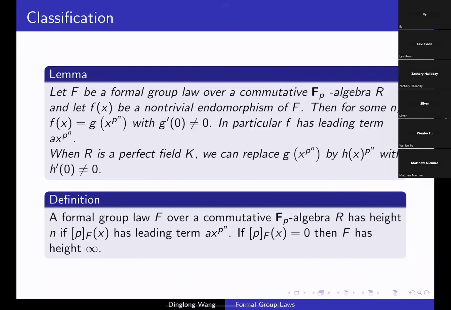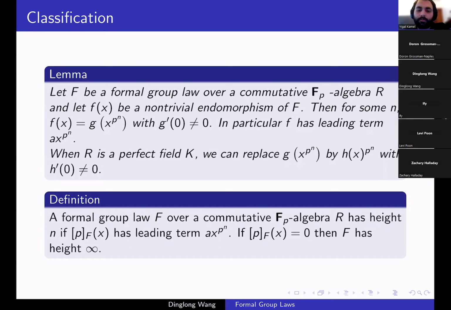And here, now I want to classify the formal group laws over a commutative F_p algebra. So let F be a formal group law over a commutative F_p algebra. Then let f(x) be a non-trivial endomorphism of F. Then for some n, we can find a power series g such that the coefficient of x is not zero, and it has the indicated relation here.